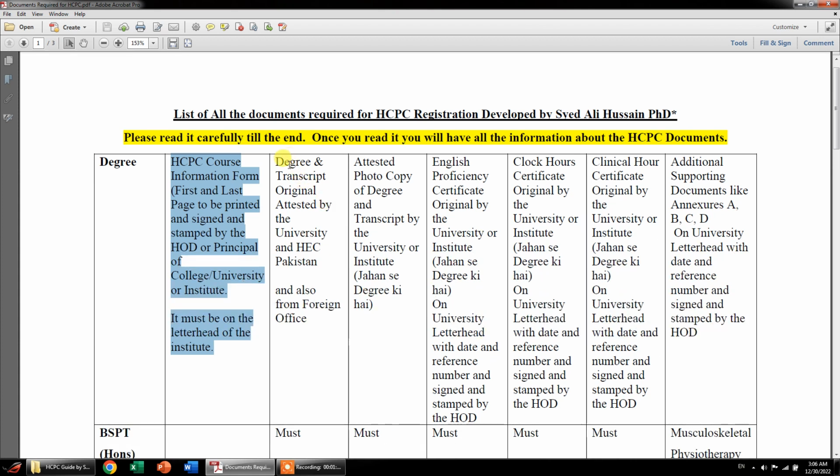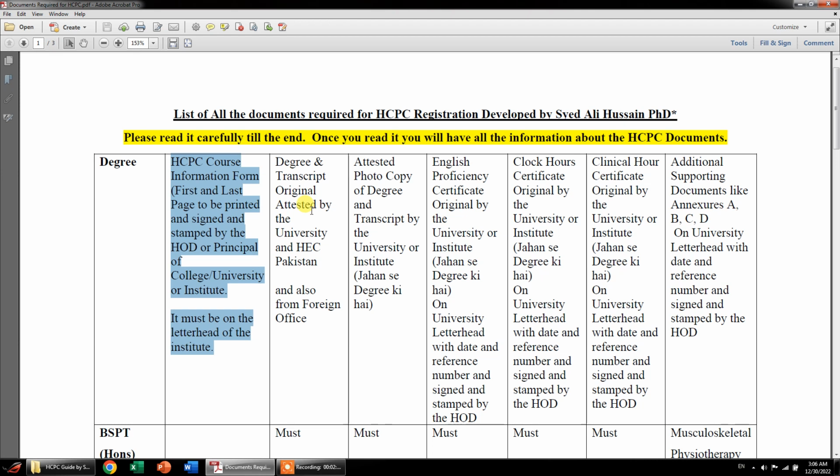Here you can see degree and transcript original attested by university and HEC Pakistan. When you take any degree or transcript from the university, you also get it attested from the same university on the back side, attested and verified. The next step is that your degree and transcript should be attested by the HEC, and this is a process that you can do yourself.